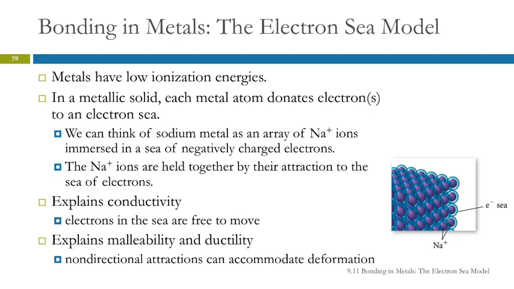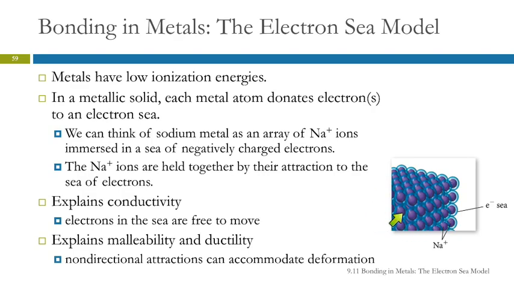It also explains malleability and ductility of metals because the attraction in this metal is not directional. Ionic compounds have very high melting points, and covalent compounds have very directional bonds. In ionic bonds, the distance between the two atoms is very significant, and so if you hammer a piece of sodium chloride, it's likely to shatter because you're disrupting those bonds.